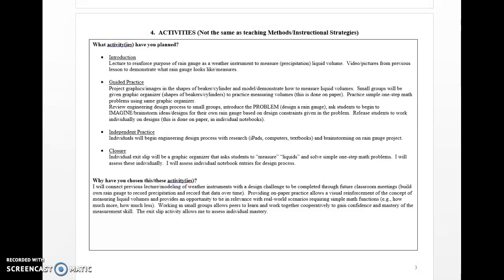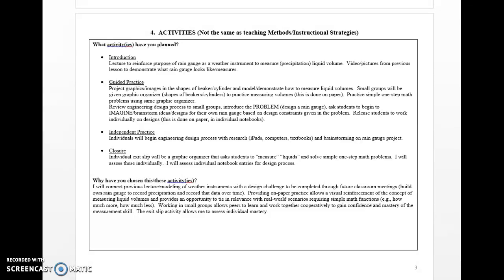Moving from that lecture into guided practice, this is where technology can really come in play. And I am unsure of what my particular classroom will have in way of technology, but I know some of the classrooms at our elementary school do have the whiteboard and whiteboard software available in their rooms. Hopefully that will be available in my classroom, because that would make this particular guided practice activity far easier.